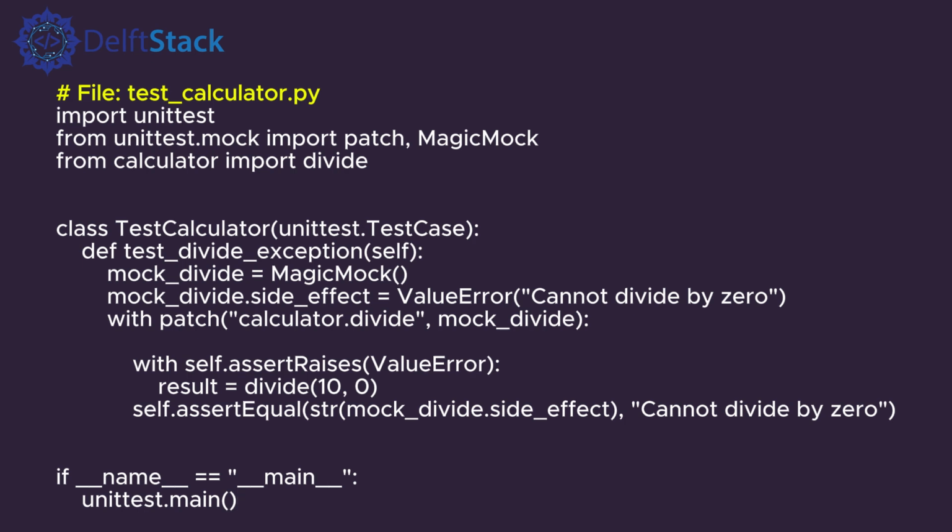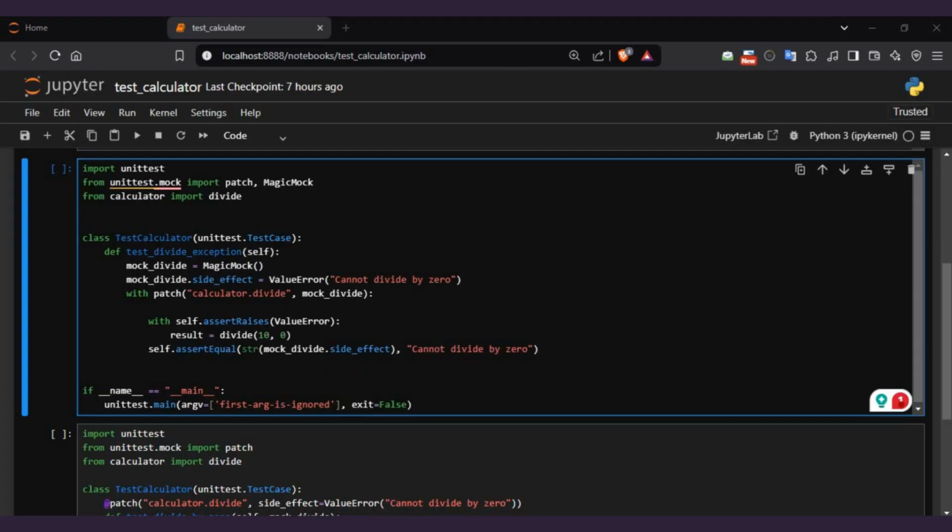Here we create a MagicMock instance for divide and set side_effect to raise a ValueError. Then we use patch to temporarily replace divide with our mock, ensuring that it behaves exactly as we defined.